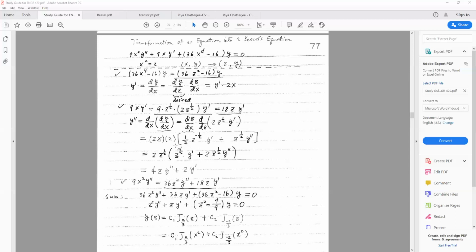We get this expression, 2x. Then after we expand this derivative by using product rule, we get these 2 terms. Then eliminate this x by z, expanded, clean up, we get 4z y double prime plus 2 y prime.